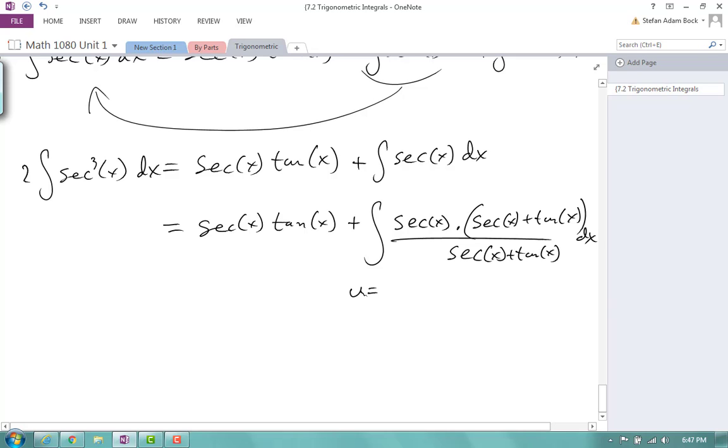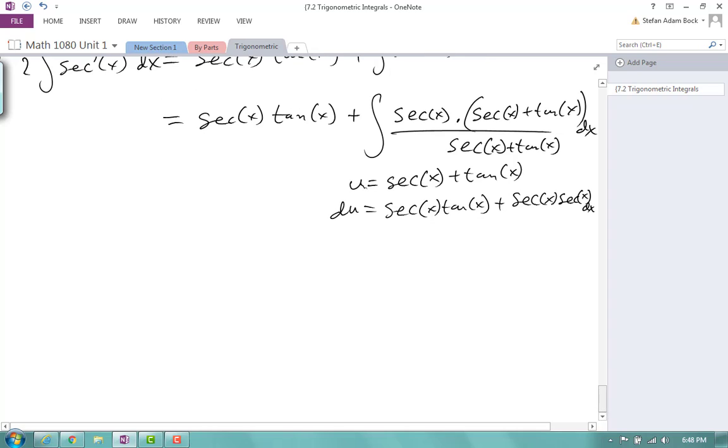So if u is equal to secant of x plus tangent of x, the denominator, then my du will be secant times tangent of x plus secant squared of x, or secant of x times secant of x plus tangent of x dx. And if you notice, that's exactly what I have on the top half of this problem.